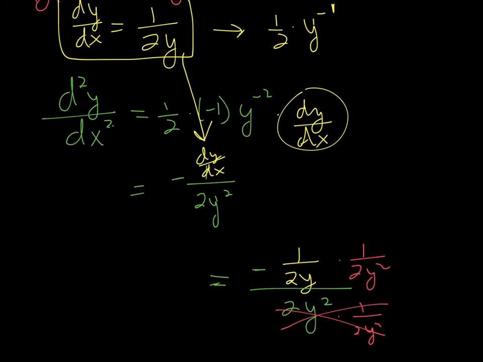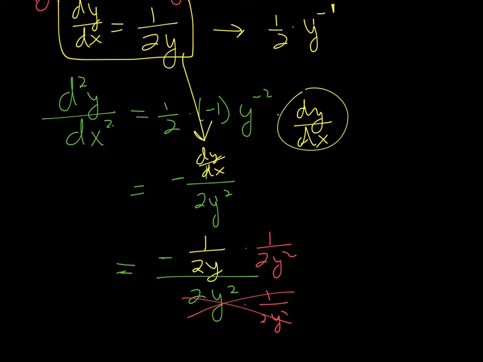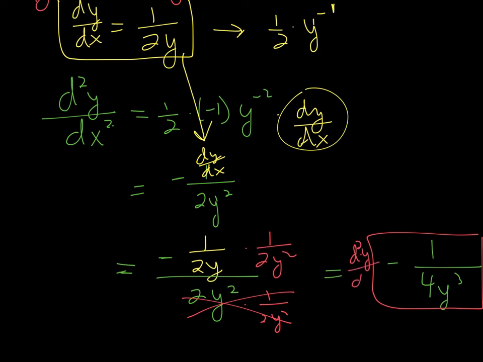If I tidy that up, let's see, in the numerator I've got negative 1, in the denominator 2y times 2y squared, giving me altogether 4y cubed in my denominator. And that's your final answer. We should note that that's our second derivative that we just found, negative 1 over 4y cubed. That's a 3 in the denominator.